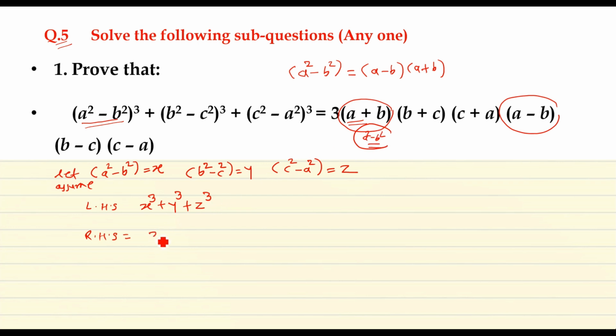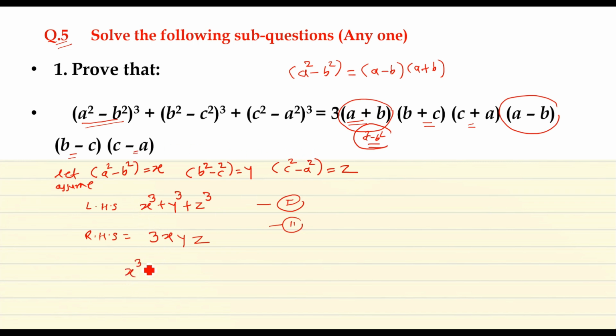So this will be 3x, then b plus c and b minus c is b square minus c square, that is y, and c plus a and c minus a will be z. So LHS is equal to x cube plus y cube plus z cube, and RHS is equal to 3xyz. I consider this as equation 1 and this as equation 2. Then we have LHS equal to RHS.